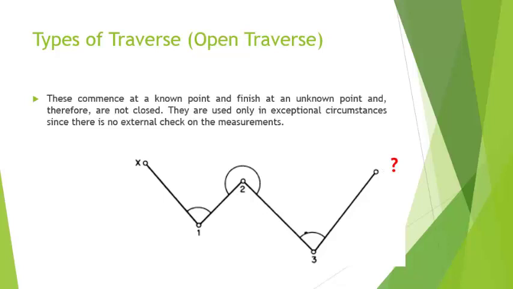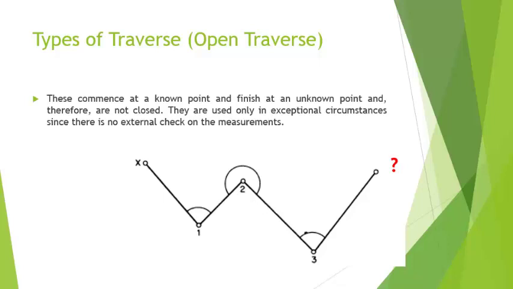Next is the open traverse. Open traverse differs from the closed traverse at its end point, the finishing point. It starts with a point which has coordinates, but it ends at a point that does not have coordinates, which is also known as an unknown point.